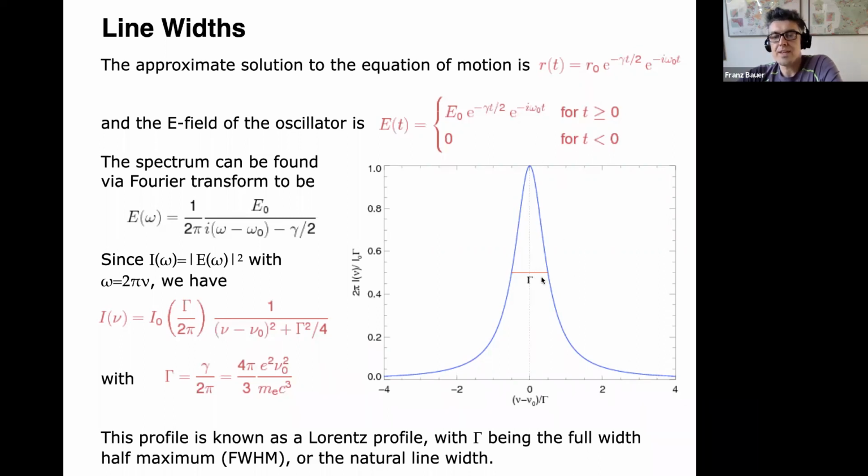And this thing here, it turns out, is the full width half maximum. So our capital gamma is the full width half maximum for this line, also known as the natural line width. And the important thing to note here is that this profile is not Gaussian. This is what's known as a Lorentz profile, right? And so it takes this particular form.